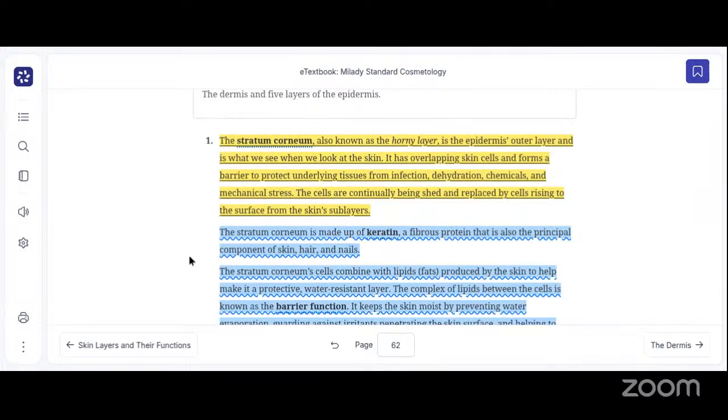Okay. The corneum cells combine with lipids, which are fats, produced by the skin to help make it a protective, water resistant layer. A lot of times those blowout treatments, those keratin treatments, include using heat to straighten hair instead of using relaxers and other chemicals.